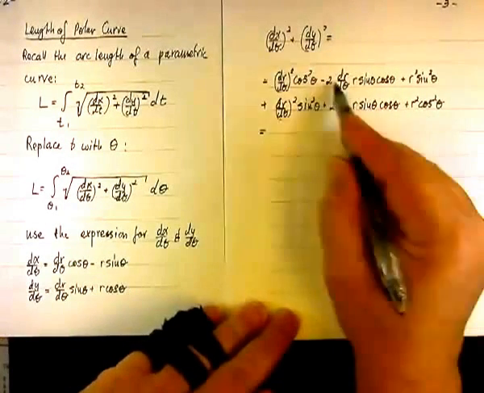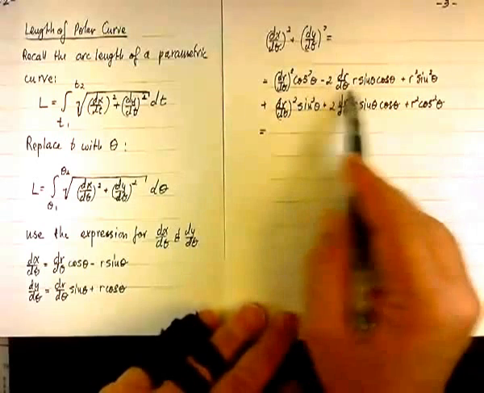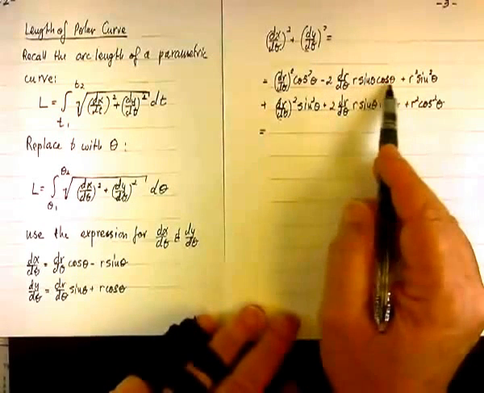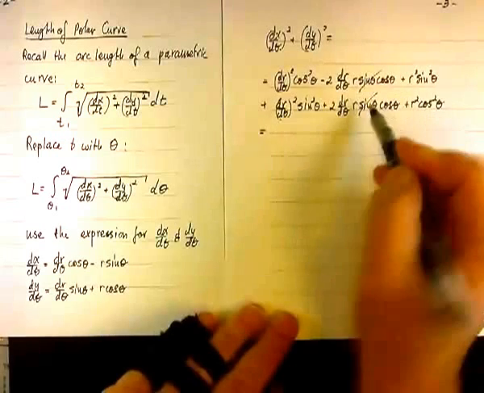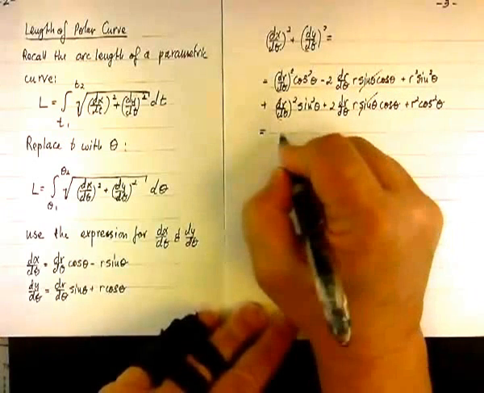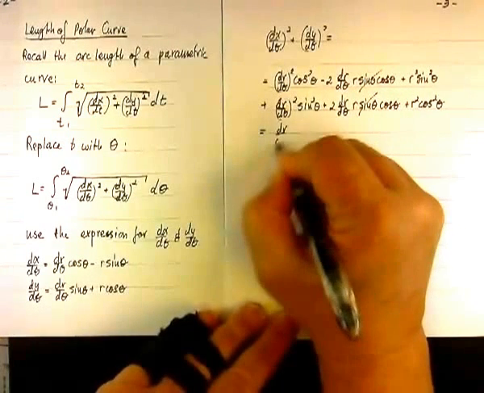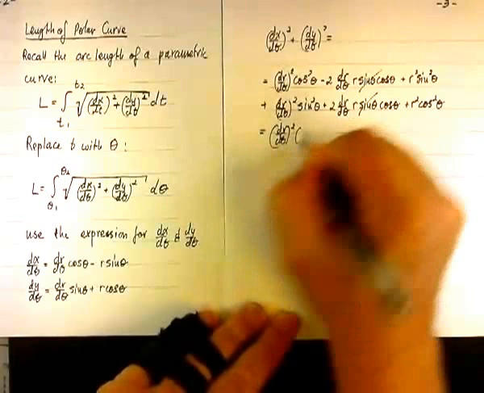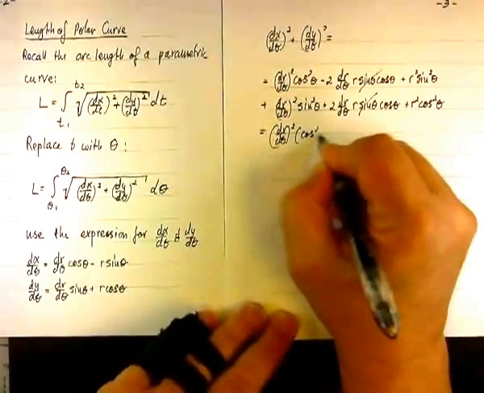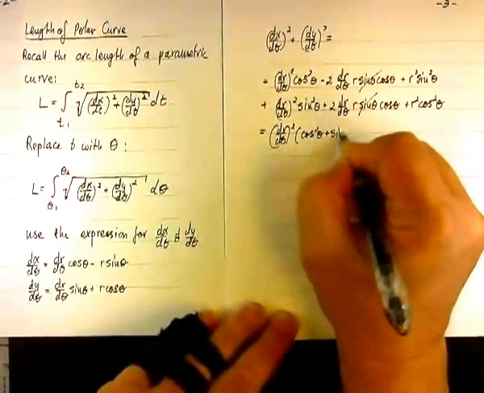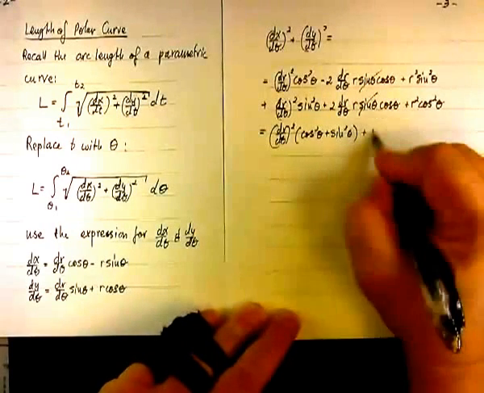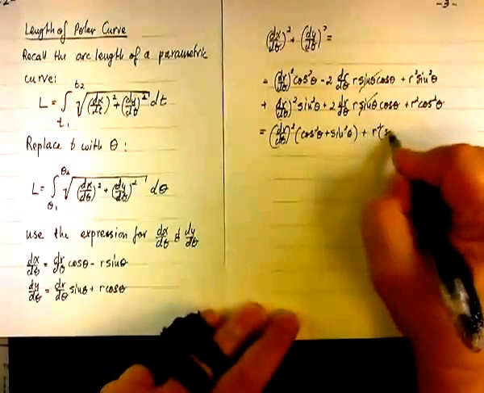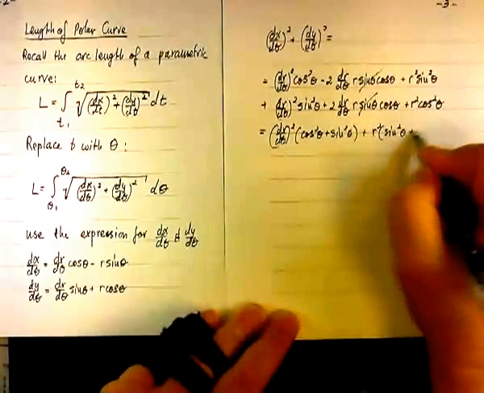Now, since we have addition, if you draw a line here and add them up, you see that the middle terms, negative dr d theta r sine cosine and positive, cancel out each other. If you factor dr d theta squared, you have cosine squared theta plus sine squared theta, which we know equals 1.